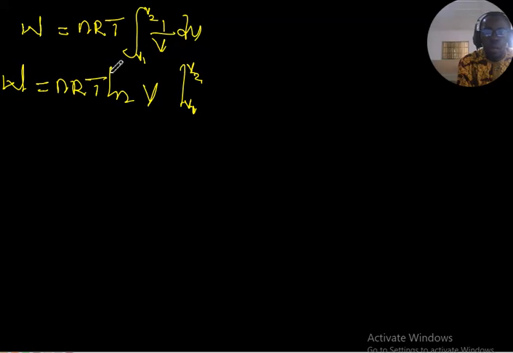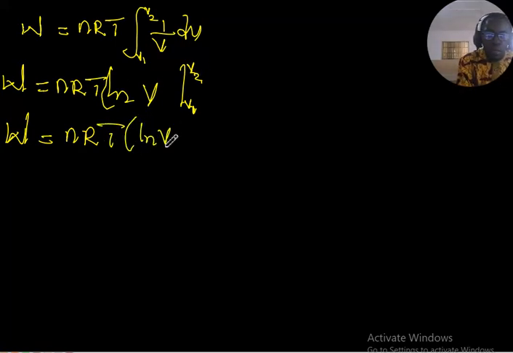All I need here is ln V, taking the value of the upper limit, and ln V also taking the value of the lower limit. This sign is a determinant sign, modulus, which means subtraction. So from the law of logarithms, W equals nRT, where V here becomes V2: ln V2, where ln V has taken the value of the upper limit, minus ln V1, where it has taken the value of the lower limit.